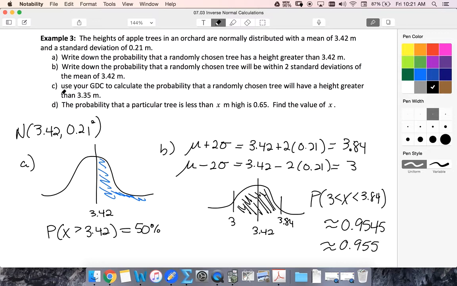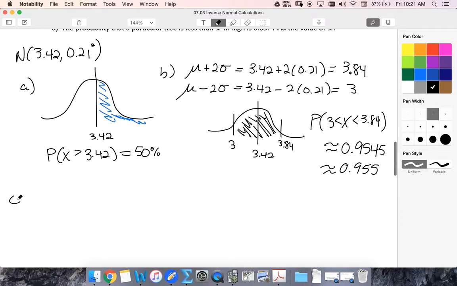Okay, use my GDC to calculate the probability. So I want the probability height greater than 3.35. So now we want the probability that x is greater than 3.35. My picture, 3.35 is to the left of 3.42.